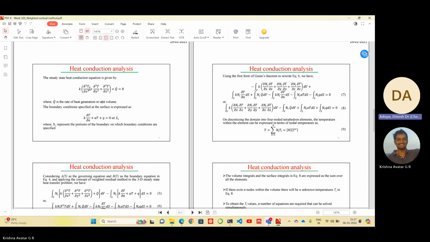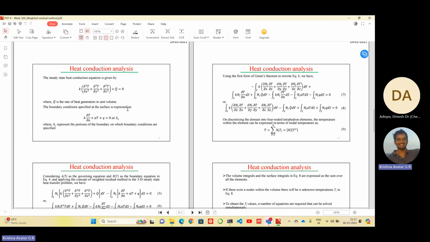A better way to put it is Q dot equals minus K times the Laplacian of T. It means whatever heat input is there equals the distribution of heat throughout the body. Ultimately this diffuses through the body, and our unknown becomes T, the temperature.